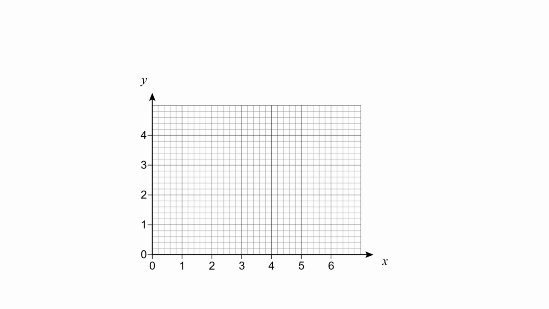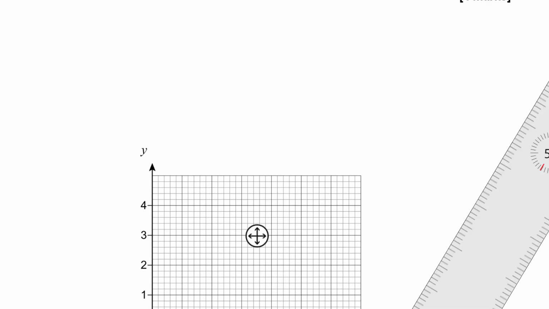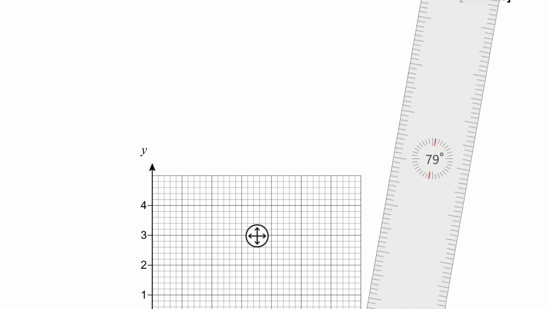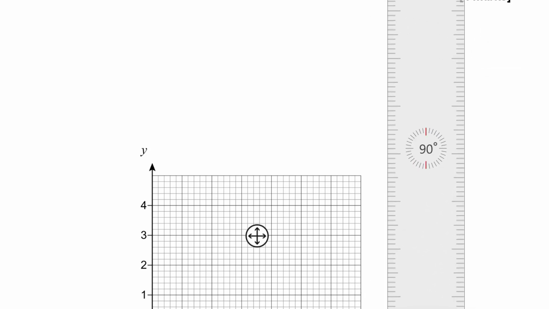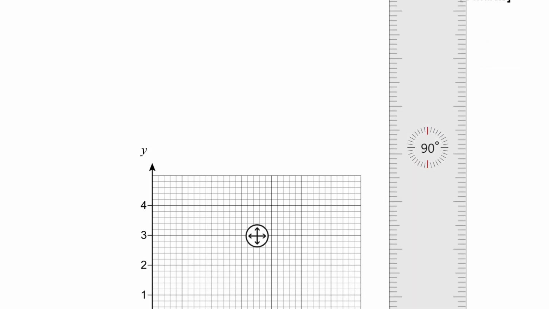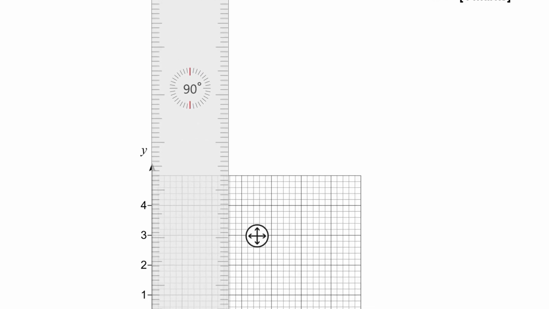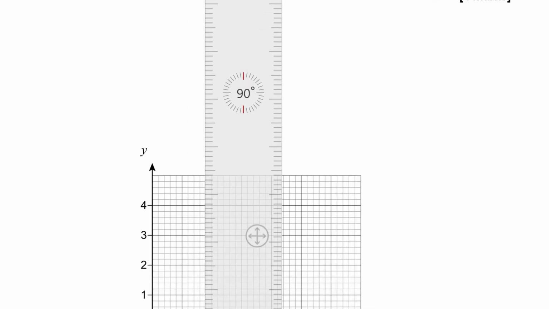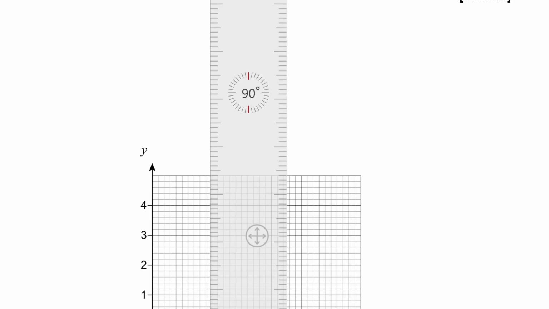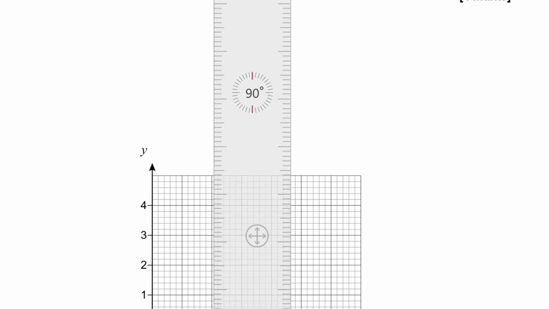Okay, now where is the line x equals 2? x equals 2 is a vertical line, isn't it? If it's x equals something, it's going to be a line parallel to the y-axis, and x equals 2 is the line passing through x equals 2. Now we actually want the inequality x is greater than 2, strictly greater than 2.